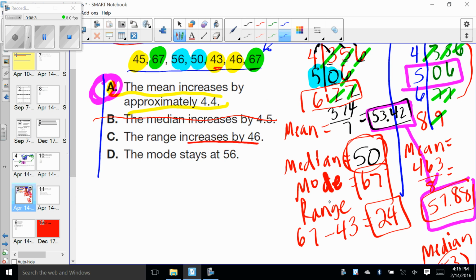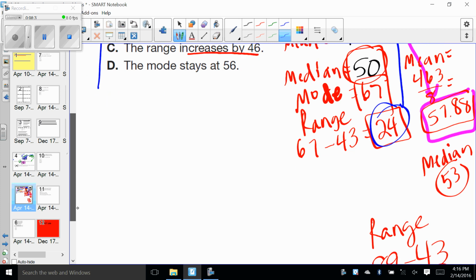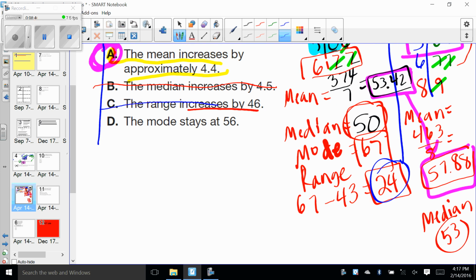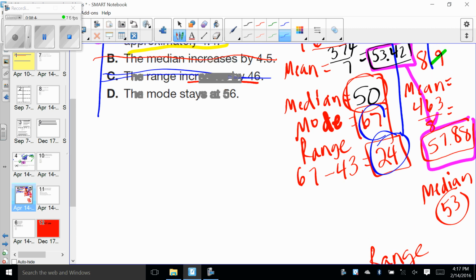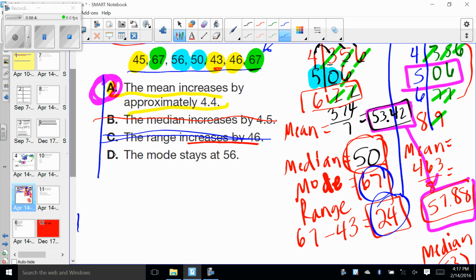No, my range didn't increase by 46. My range was 24 and it went to 46. It did not increase by 46, it just is 46. And then the mode was 67, and the mode stayed the same. It's going to stay 67. No change on the mode, so that doesn't make sense at all. The answer should be A. So that's in box 2.